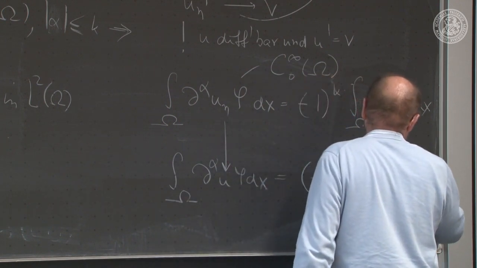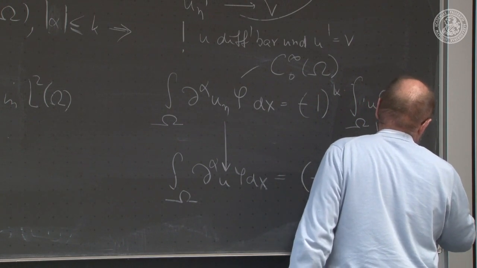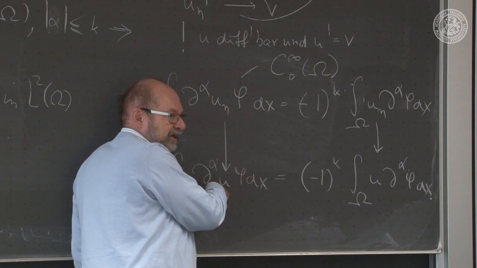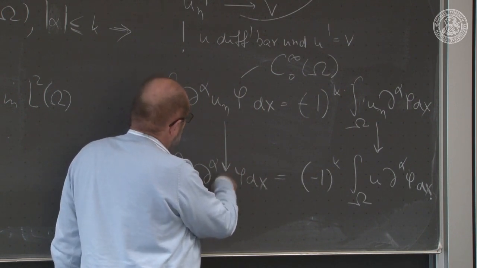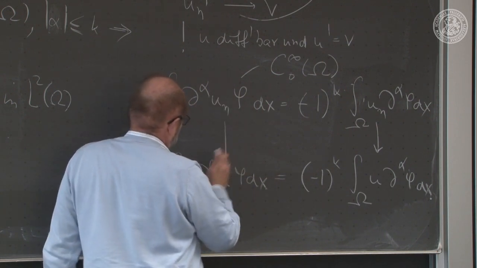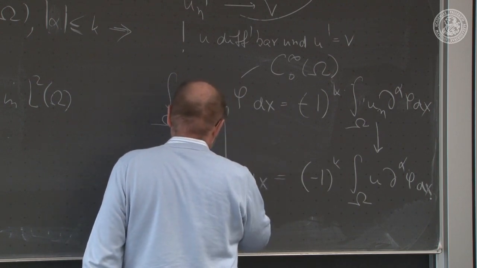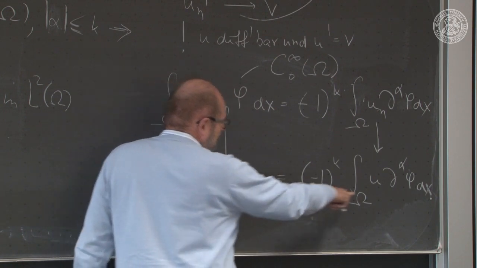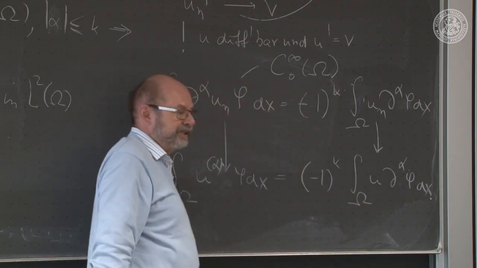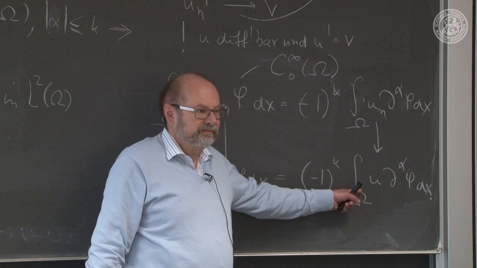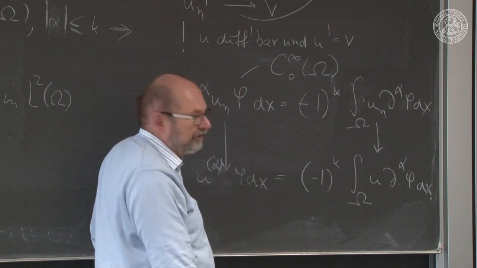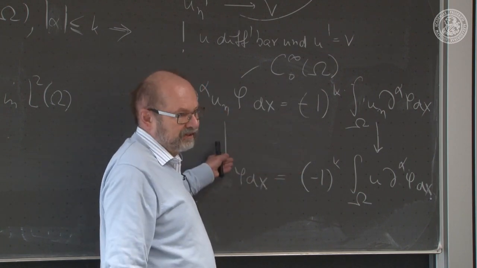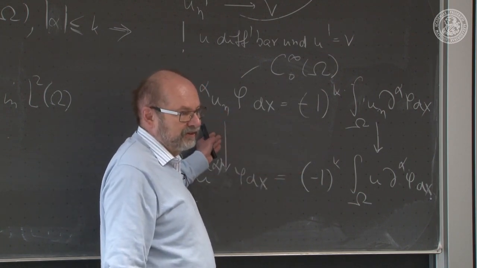If we can justify this, then we can say that this limit element, let's make it a little bit neutral, is the weak derivative of u. That is what stands here. So the only thing I have to do is justify these two convergence steps of numbers. We are talking here about numbers.